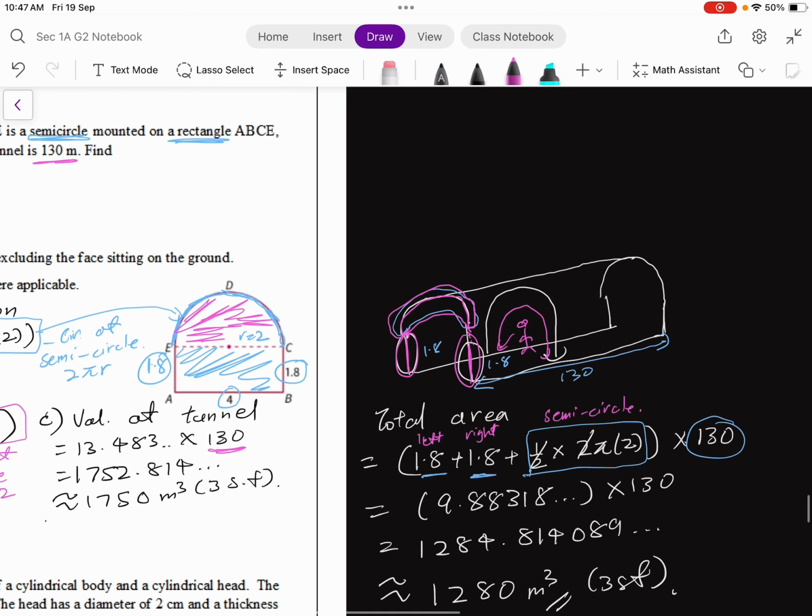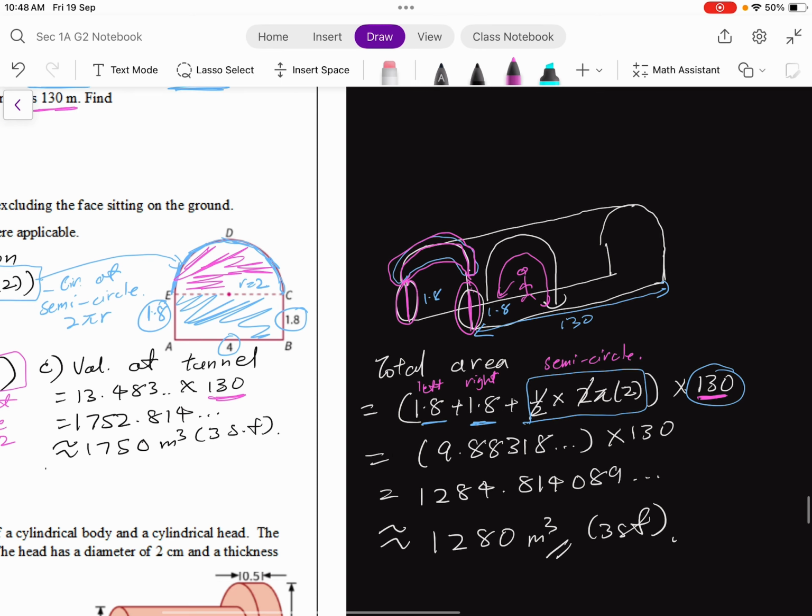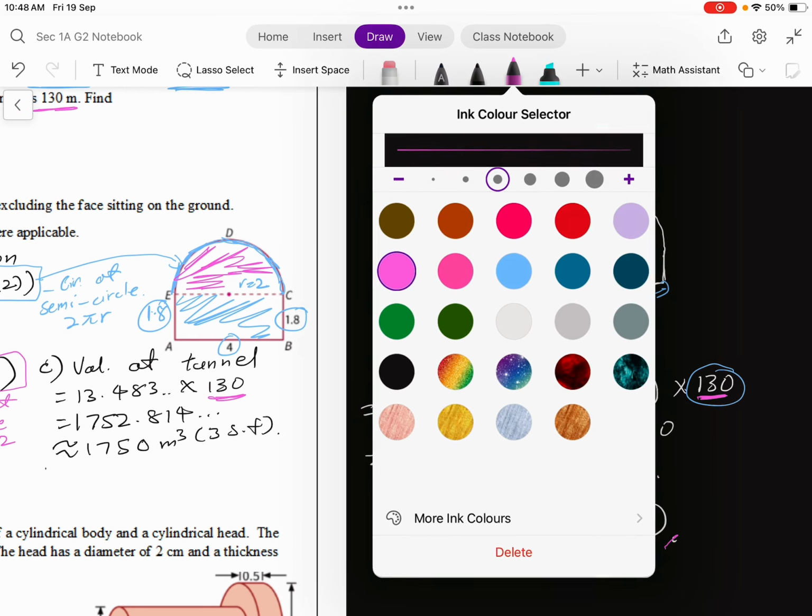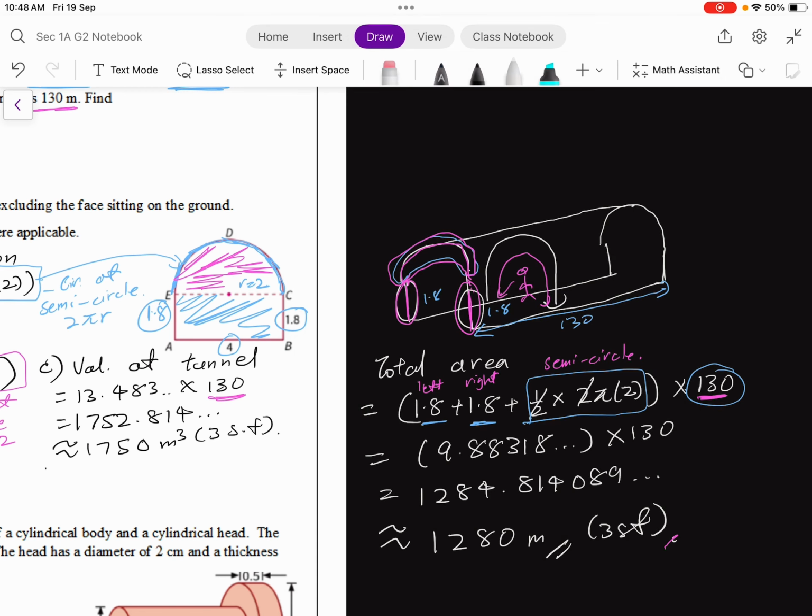After you have this length, the measurement of the doorway, multiply by 130, the length of the tunnel, and you will have your area. Oh, sorry, this is not cm squared, cm cubed. This is area, so this one should be meter squared.